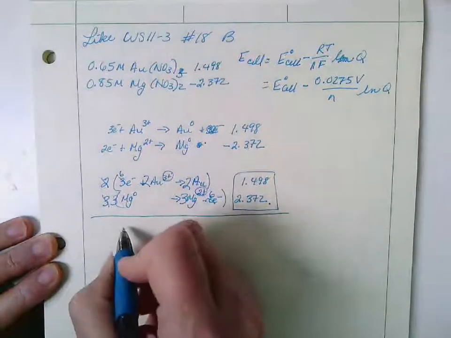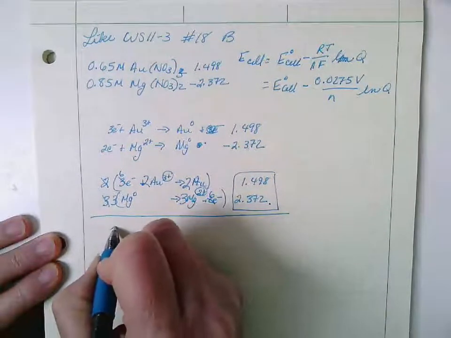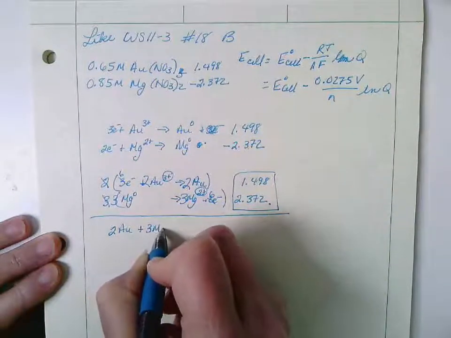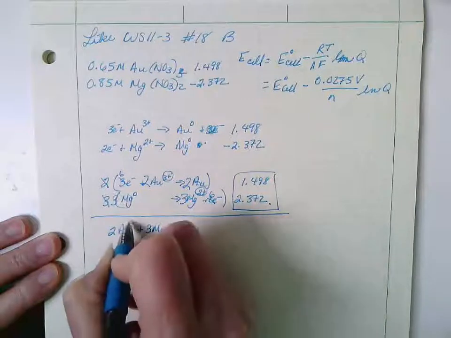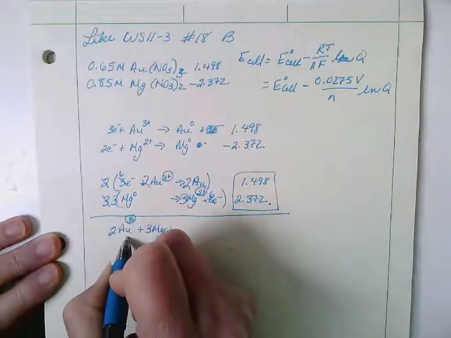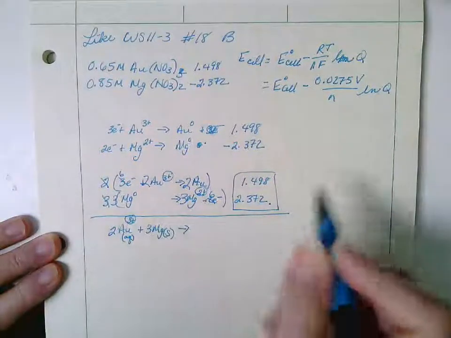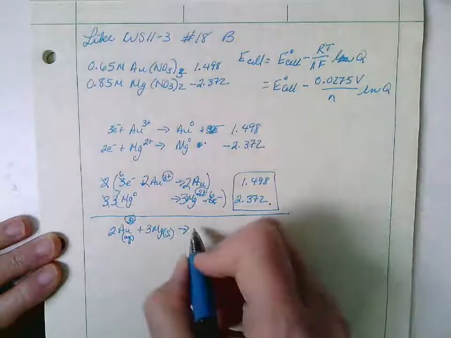So when I add up my equation, I get 2 Au plus 3 Mg solid. Oh, and this is 3+, and it is aq. And the reason I need those aqs is because I'm going to have to do Q at some point soon.